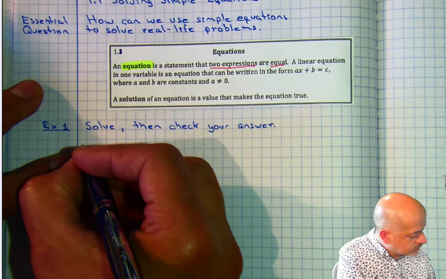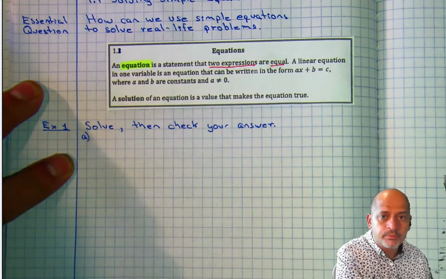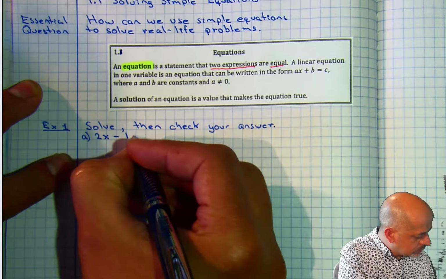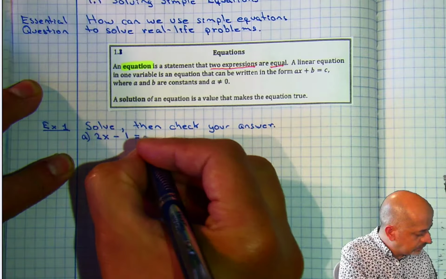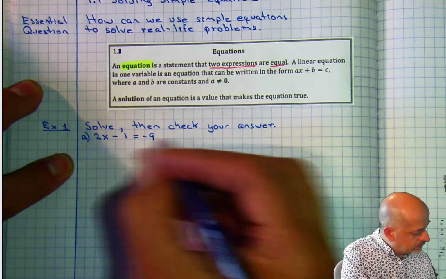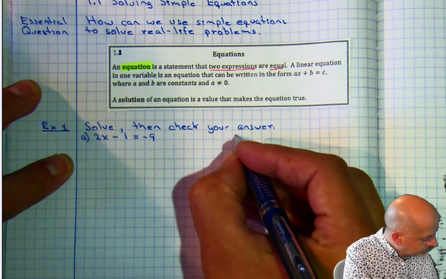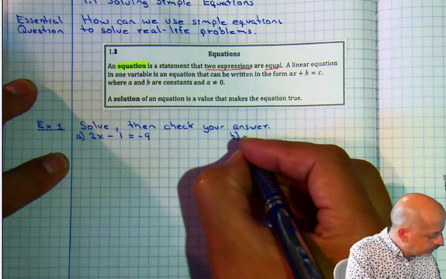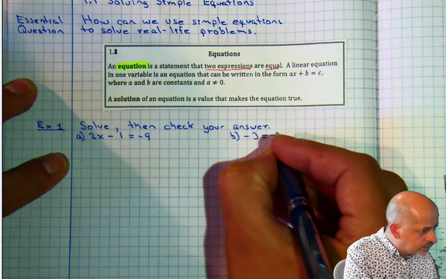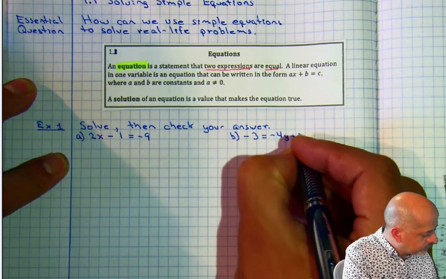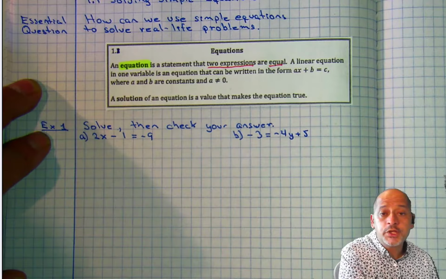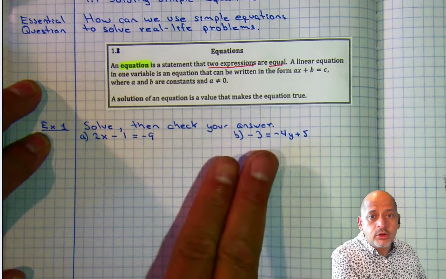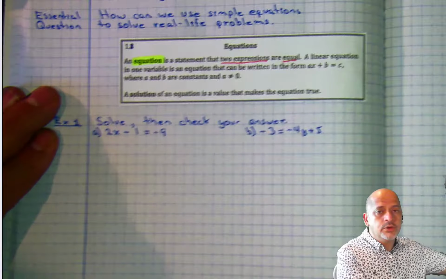We are going to start with letter A, which is 2x minus 1 equals negative 9. And I'm going to leave some space, and then I'm going to write down letter B, which will be negative 3 equals negative 4y plus 5. And for each one, I'll be checking my answer. Now, if you need more time to write it down, go ahead and pause it, and then we'll continue once you're ready.